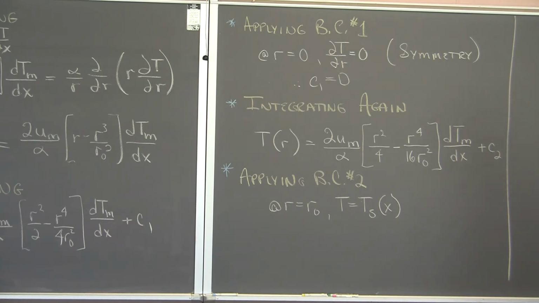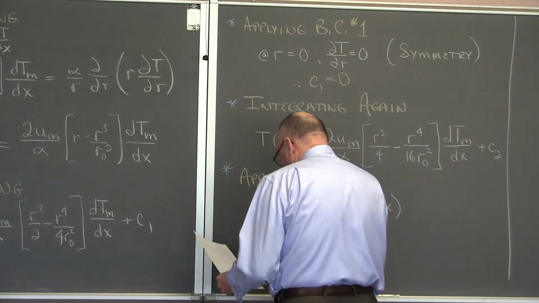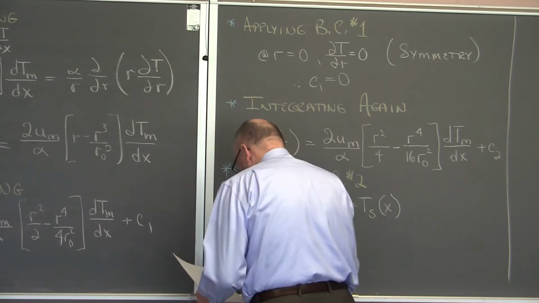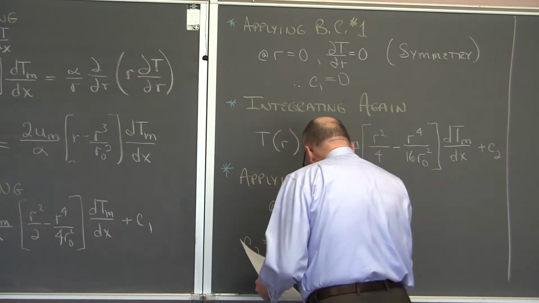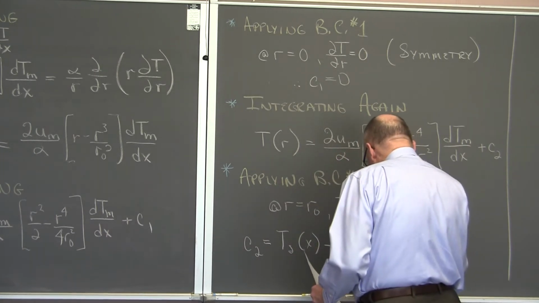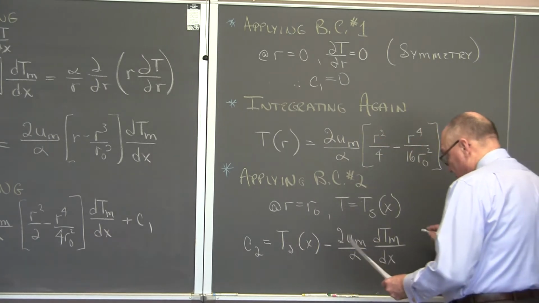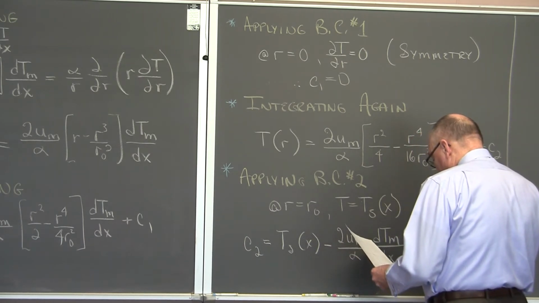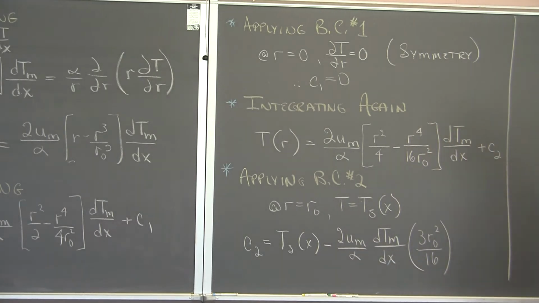T at the surface is only a function of the linear distance down the tube. All right, so that being the case, if we apply boundary condition number 2, we end up with C2 being equal to Ts, a function of x, minus 2u_m over alpha. We'll move the change of the mean temperature with respect to x there, and we are left at this point with 3 r0 squared over 16. So that is our value for C2.